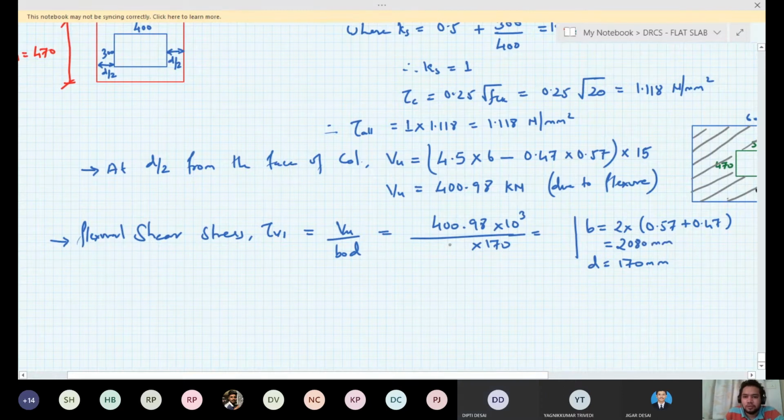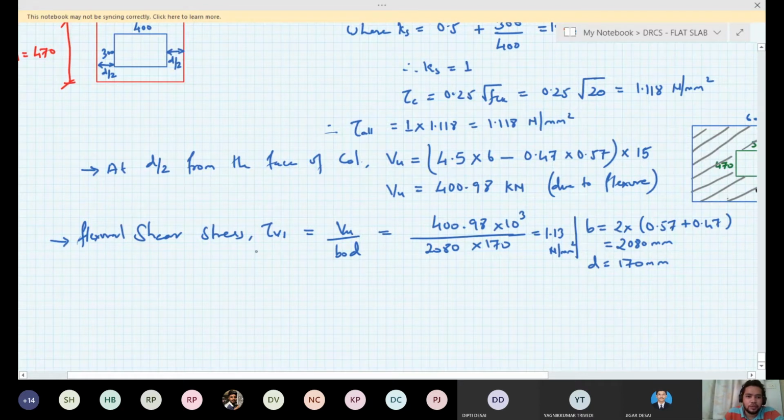And what is the total flexural shear stress? 1.13 Newton per mm square. Okay, so this is the flexural shear stress.